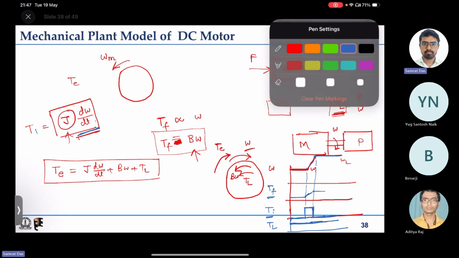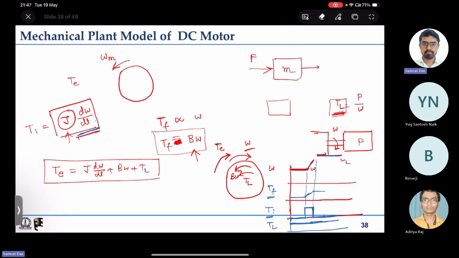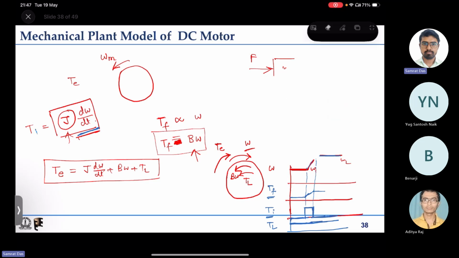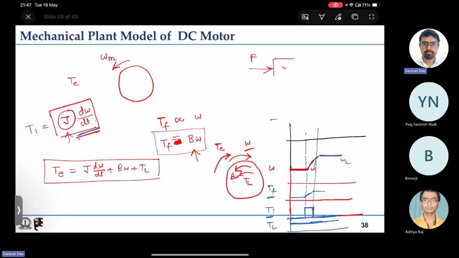So what will be the electromagnetic torque that will be drawn from the motor for this type of scenario? If I draw that on top, this is the electromagnetic torque that is required from the motor. For the first duration, it is the sum of Tf plus Tl, say this value.